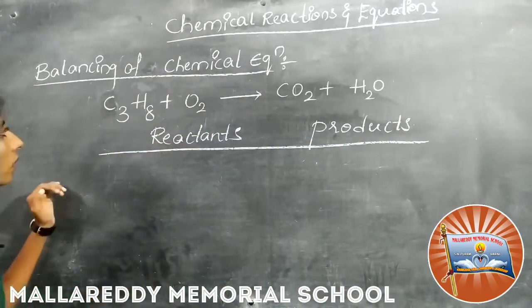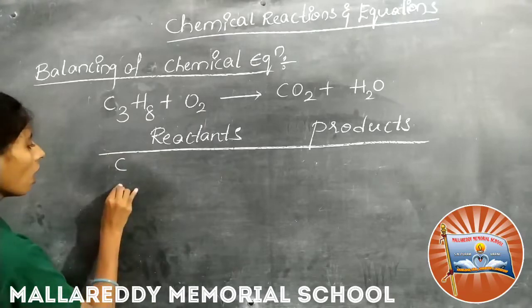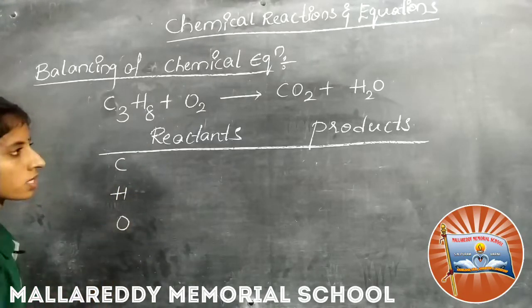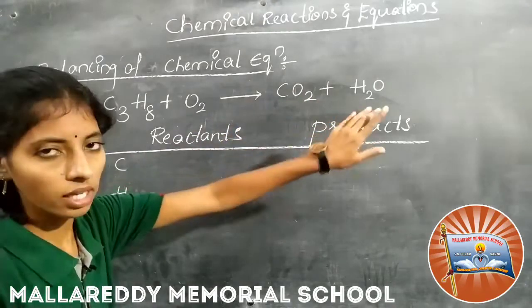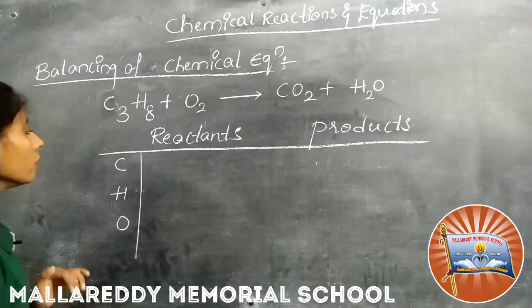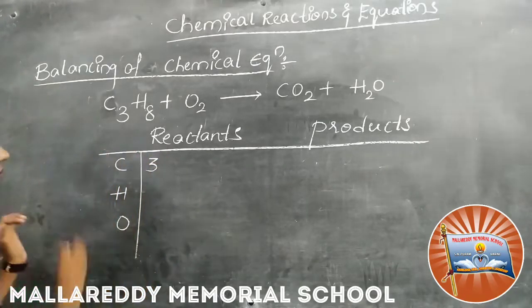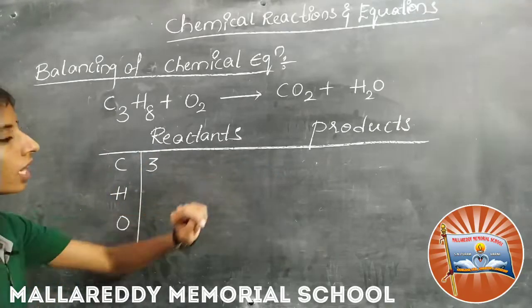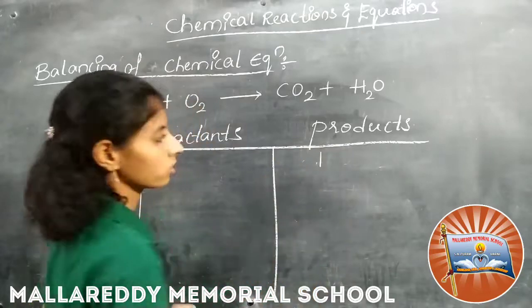Now here we have the atoms on the reactant side: carbon, hydrogen and oxygen. Same on the product side also: carbon, oxygen and hydrogen. Now see, on the reactant side we have carbon atoms 3. On the product side we have 1.